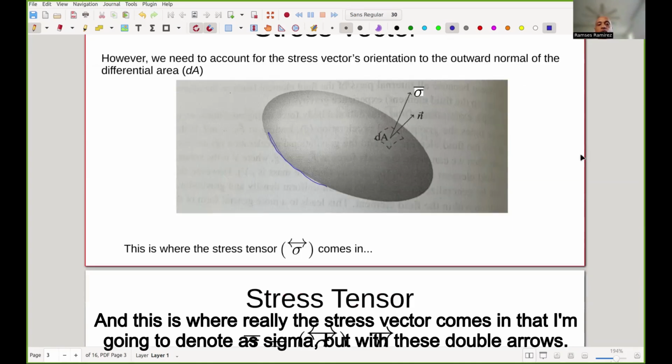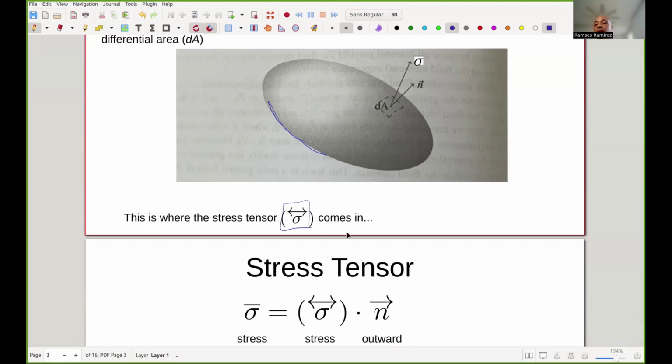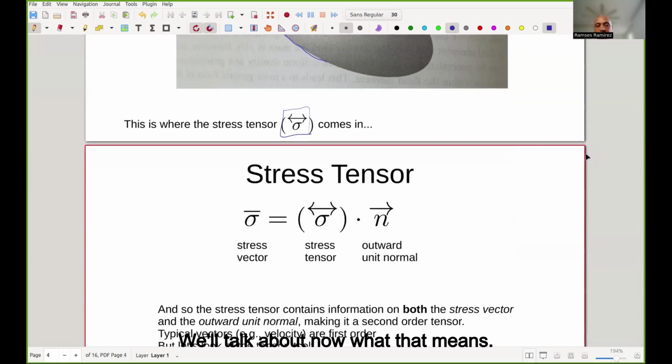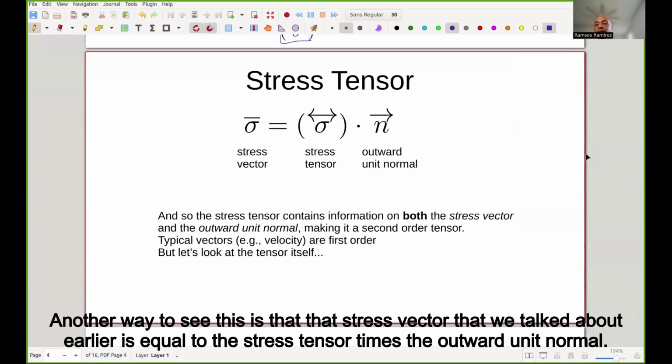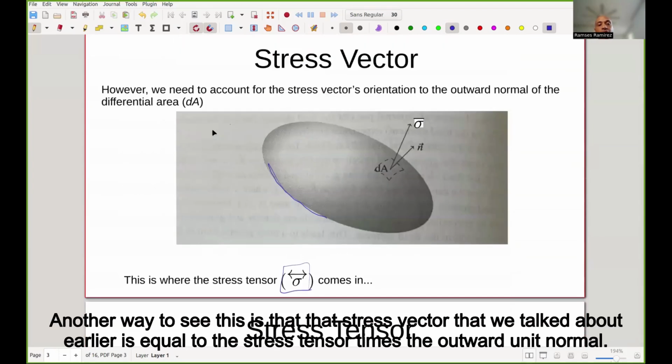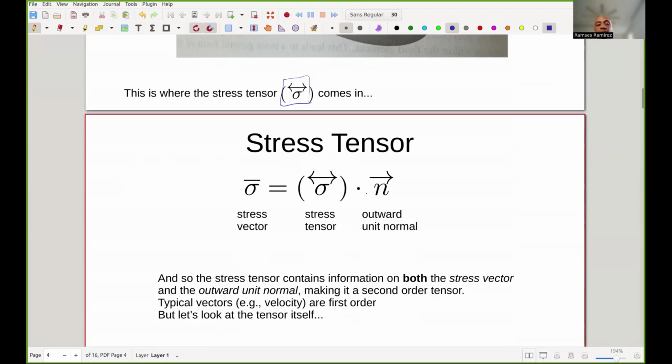This is where the stress tensor comes in, which I'm going to denote as sigma with these double arrows. We'll talk about now what that means. Another way to see this is that the stress vector we talked about earlier is equal to the stress tensor times the outward unit normal.